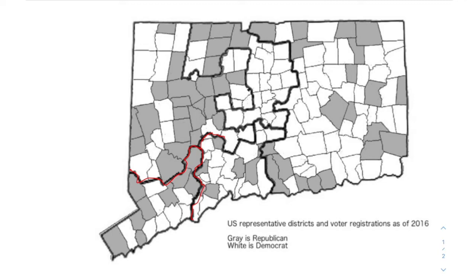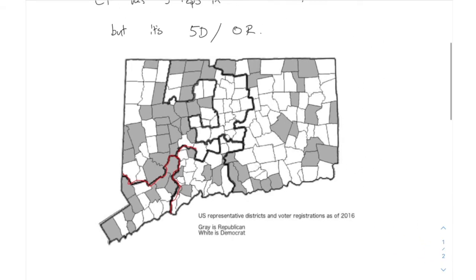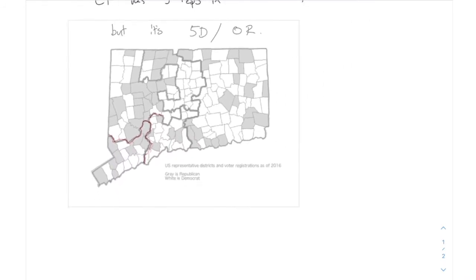I thought it might be interesting to try and play around with the lines a little bit. Yeah, what if we play around with the lines? So if you turn the paper over, you will see my fictional redrawing of the lines.